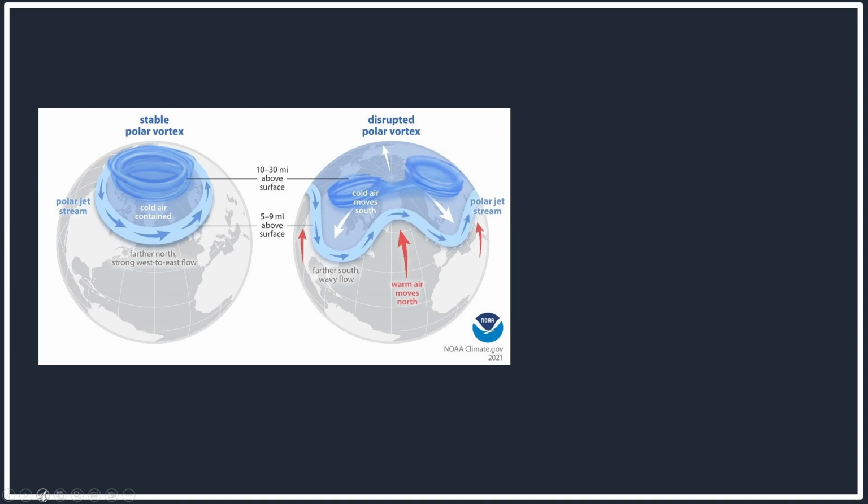So if you can see the image here, there are two things, first image and second image. In normal condition, there is a polar jet stream moving like this. It is circumnavigating the earth in the middle and high latitude regions, beyond 40 degree and 50 degree north latitude. So this cold air is confined in this region only, right? It is a stable polar vortex. And due to some reasons, which we'll see in the answer, this vortex gets disturbed, right?